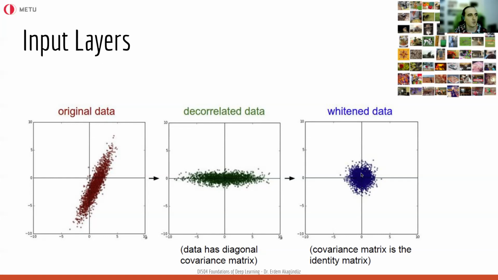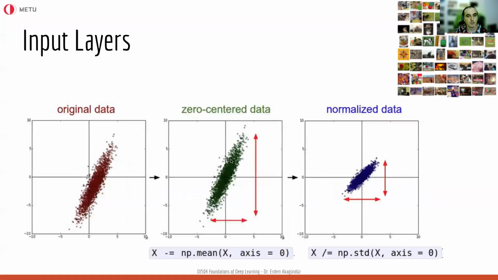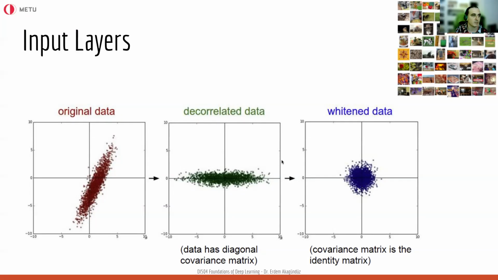And if you just normalize those decorrelated dimensions, it's called whitening the data. In vision, we don't usually do this. But in different types of signals, for example, in time series and other types of analysis, we may need whitened data. So just like I told you, the nature of the input layer depends on the type of the signal.